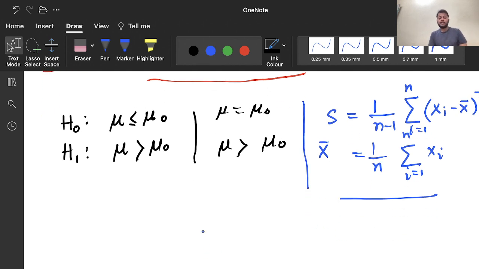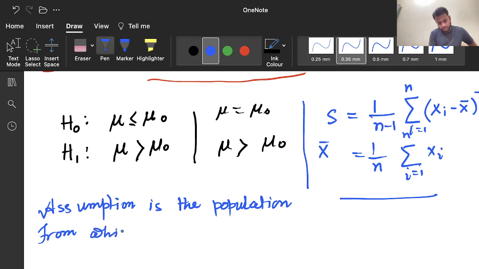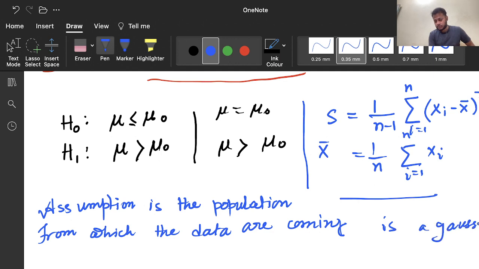And we know that if the underlying distribution is Gaussian, so here our assumption is the population from which the data are coming is a Gaussian distribution or normal distribution, right?